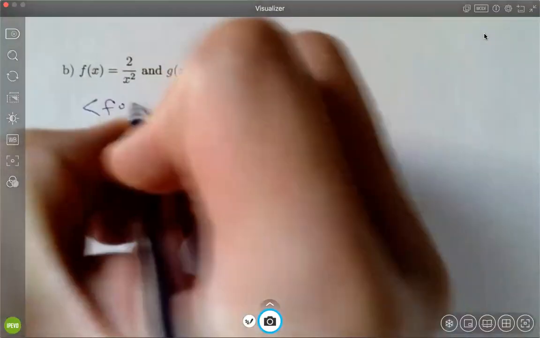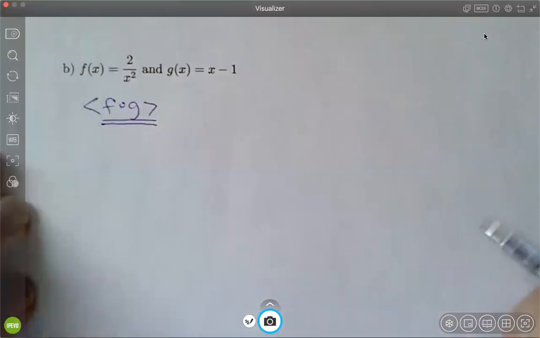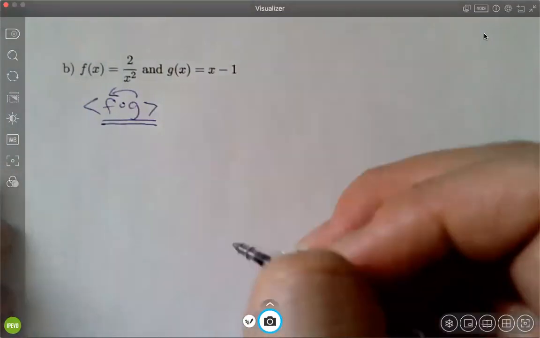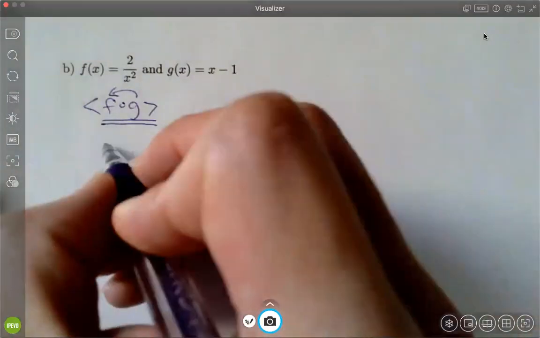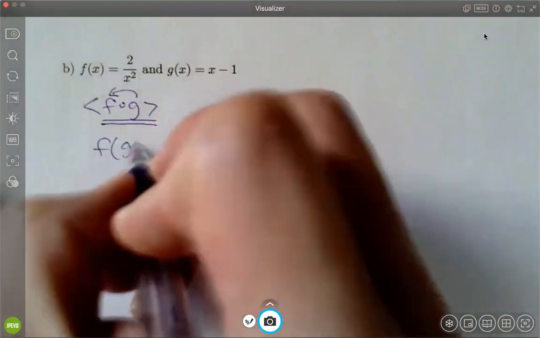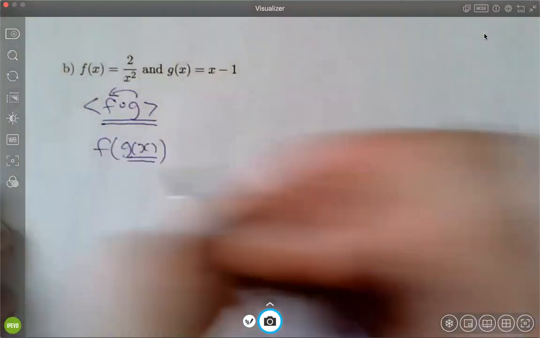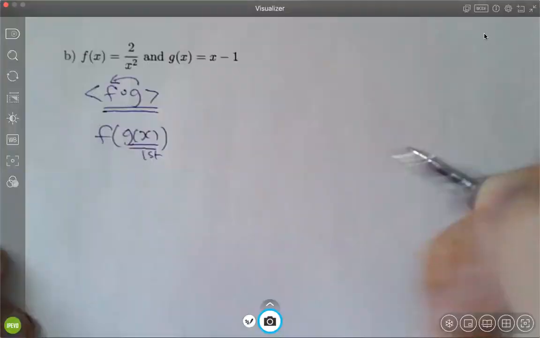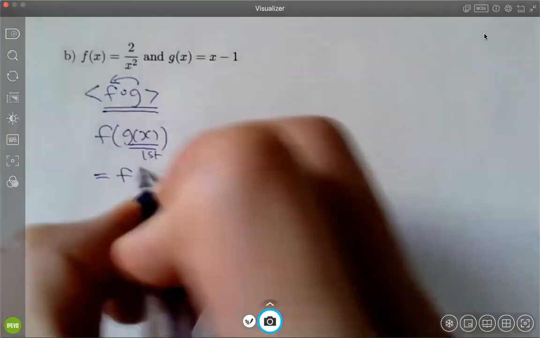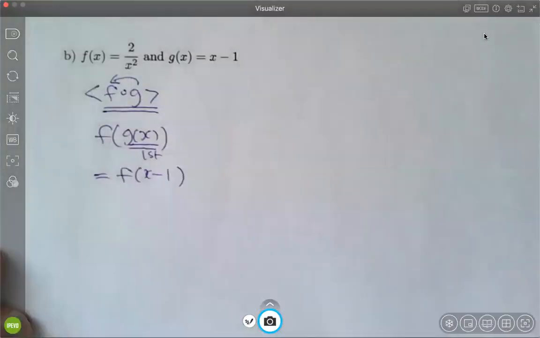So f circle g. This means we plug g into f, remember, we go backwards. So this is f of g of x, which means we do g first. So that means f of x minus 1. Now what does this mean?